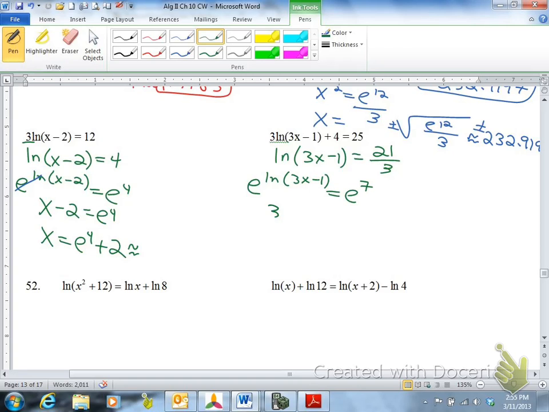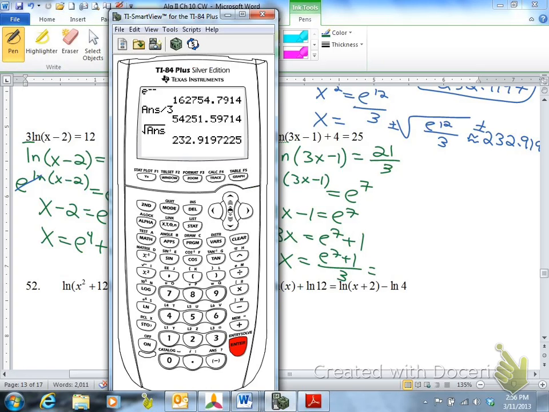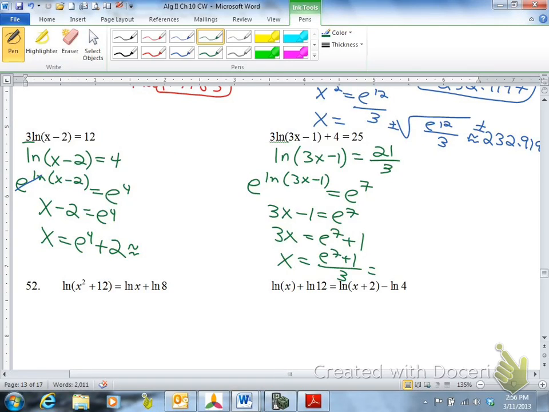So you'd have 3x minus 1 equals e to the 7. And you add 1 and divide by 3. And be careful when you type that into your calculator. You would have e to the 7th plus 1, divided by 3, which is 365.8777.